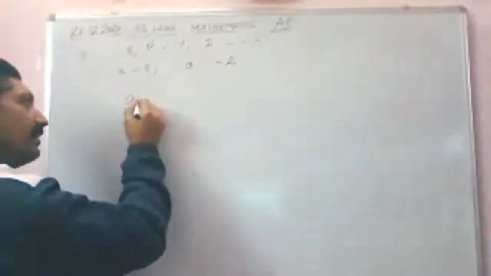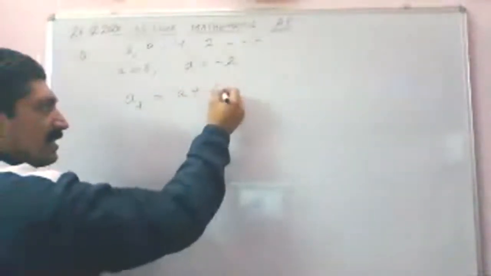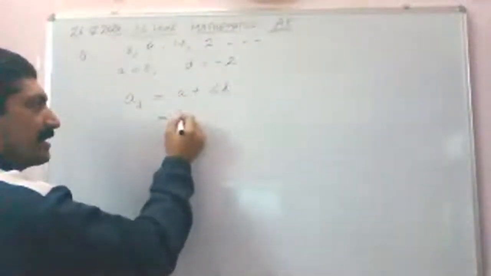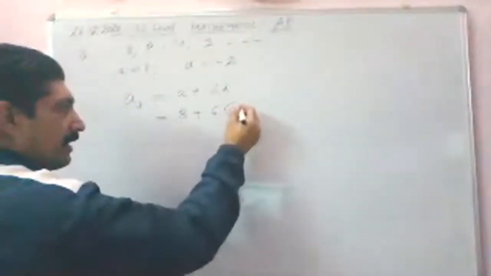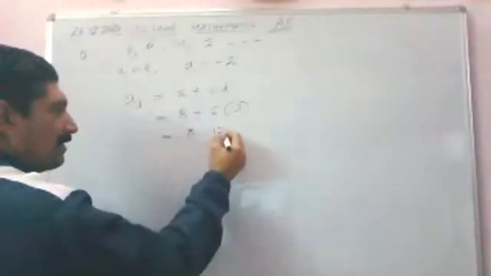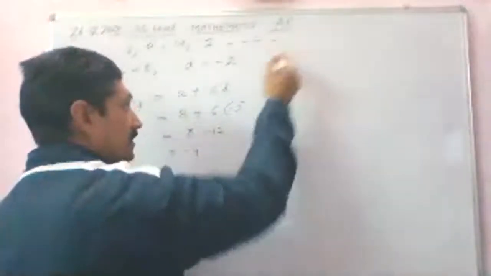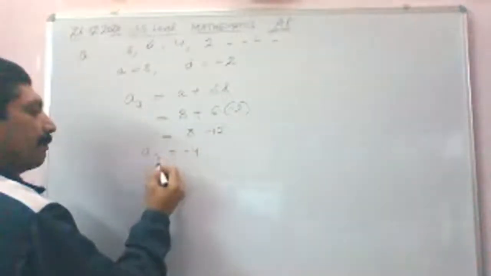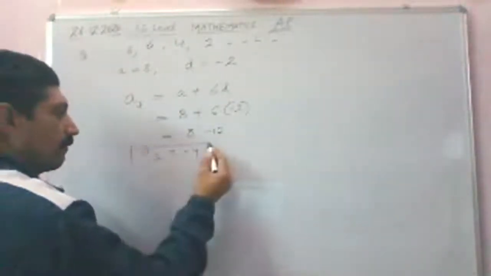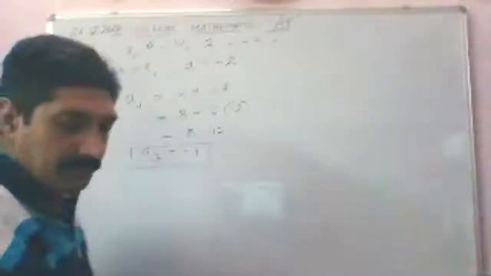We are interested in finding the seventh term, which is A plus 6D. A is 8, D is minus 2, so 8 minus 12 is equal to minus 4. So the seventh term of this AP is minus 4.